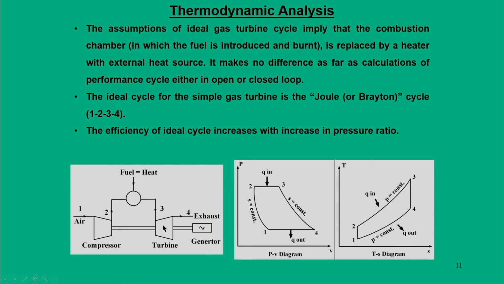Out of this power output, part is used to drive the compressor, and the rest of the work output goes out in the form of work or finally in the form of electricity. Now, this particular process can be represented thermodynamically in the pressure volume diagram and temperature entropy diagram.